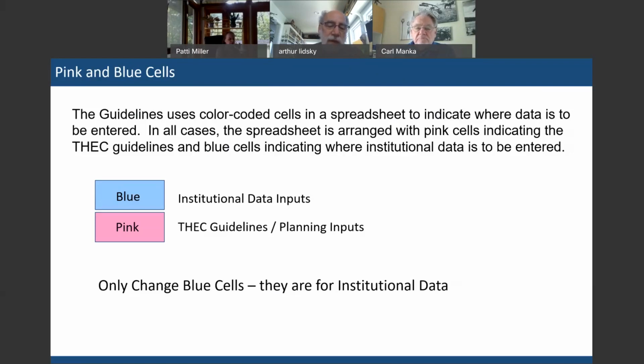So these are locked cells, but they are part of the guidelines and they're planning inputs that run the model. So basically all you have to do is worry about the blue cells, and they are for your data. Pink cells are part of the guidelines themselves.